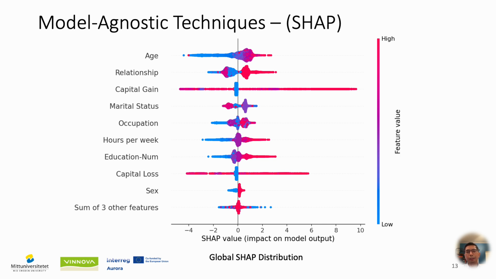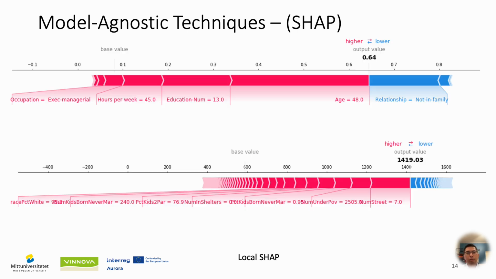Similarly, capital gain shows a strong positive effect for higher values. This visualization combines two things: feature importance and the direction of their influence, giving us a much richer picture of how the model makes decisions.